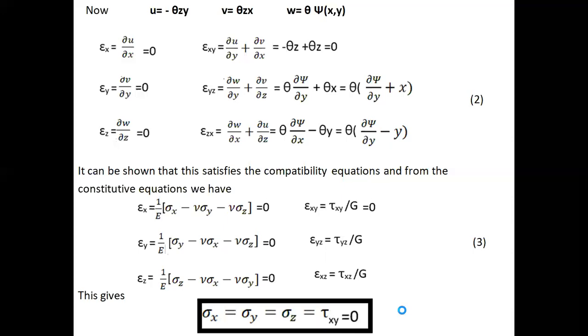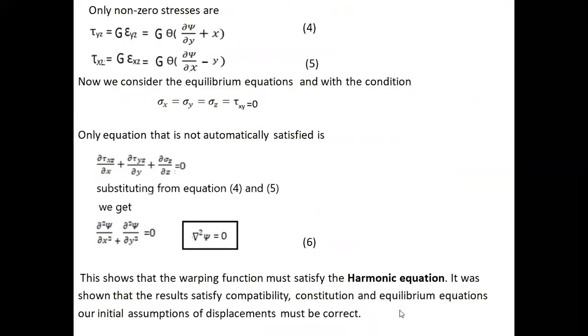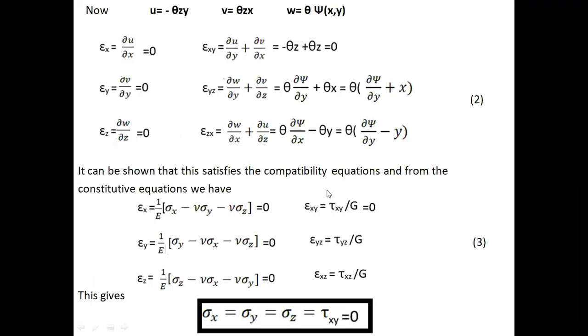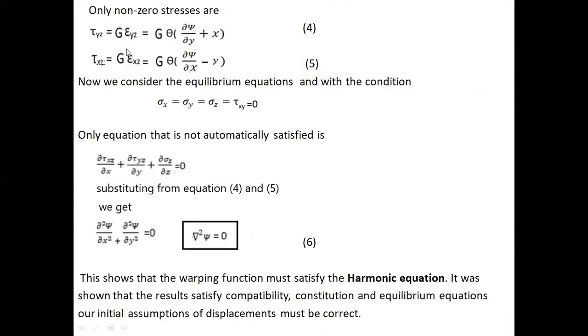And we have got two non-zero stresses. Tau yz is equal to G epsilon yz. Now, what was epsilon yz? If you go to equation 2, you will see it is theta times del psi by del y plus x. So we have here tau yz is equal to G theta times del psi by del y plus x.